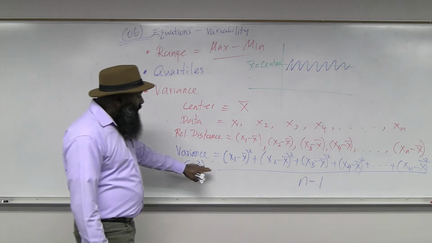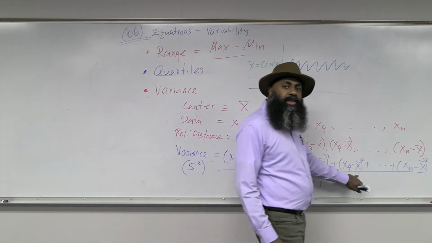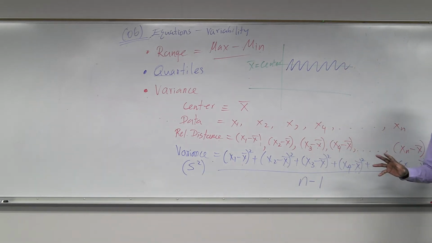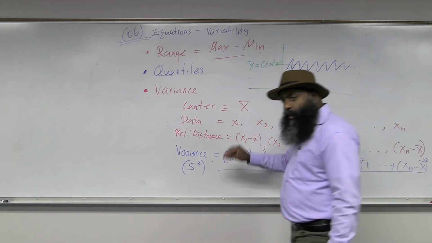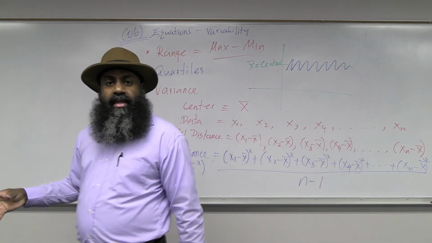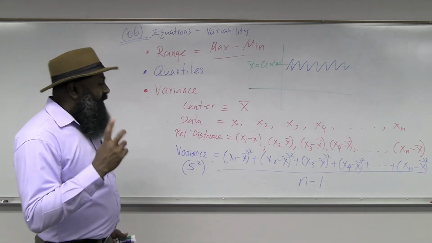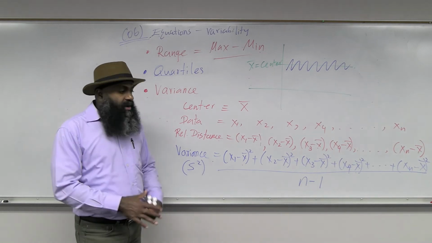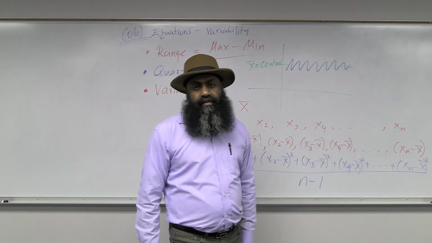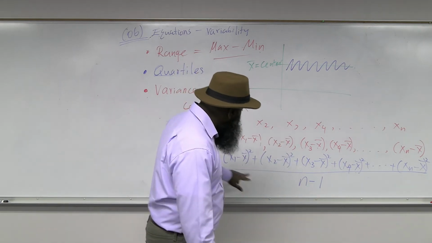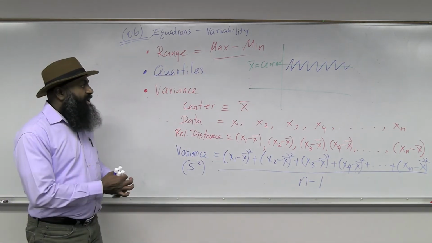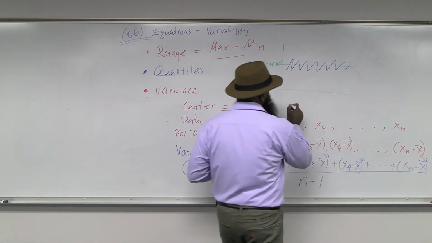But in this equation for variance, I have squared the differences. So the variability is given in squared units. But I would like a measure of variability with units consistent with the units of the original data. So we take the square root of the variance. The square root of the variance is called the standard deviation.